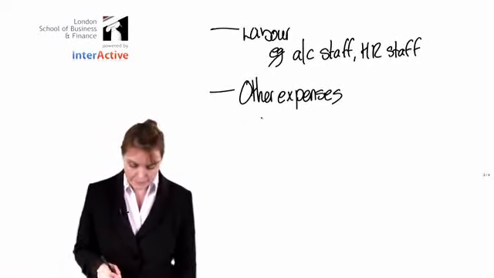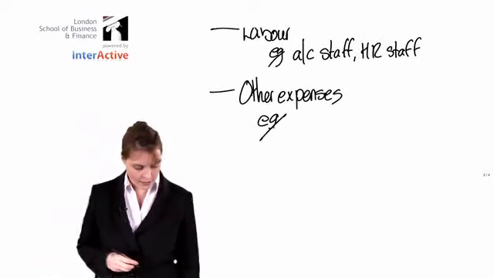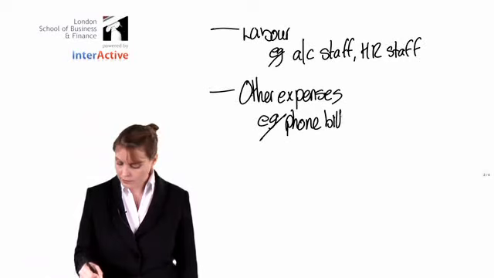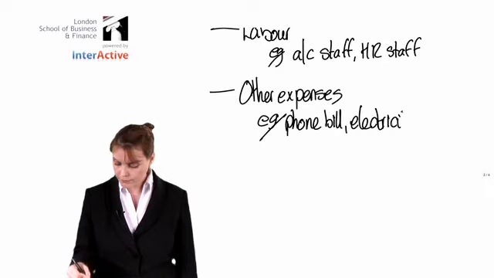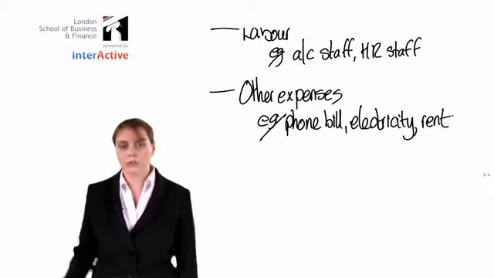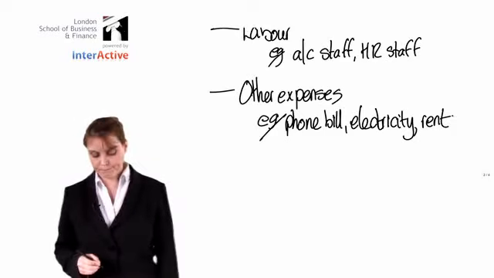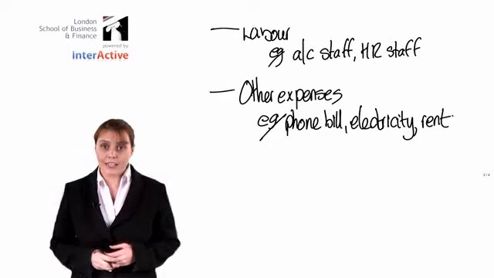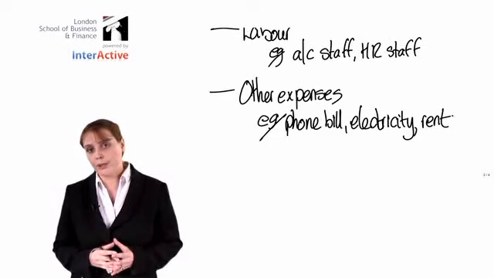So a couple of examples then of our other expenses: phone bills, electricity bill, or perhaps if we're paying rent on a particular building. So that is our first classification, cost by nature.